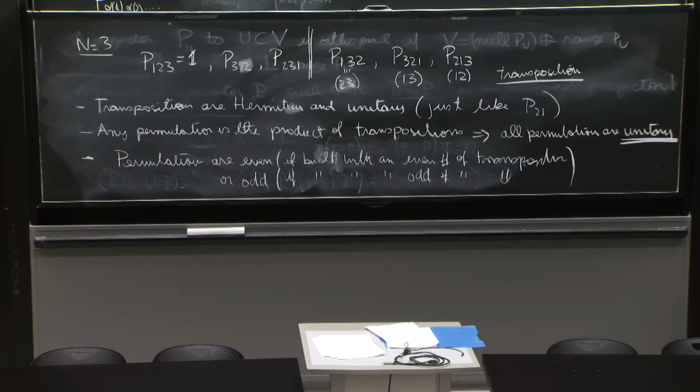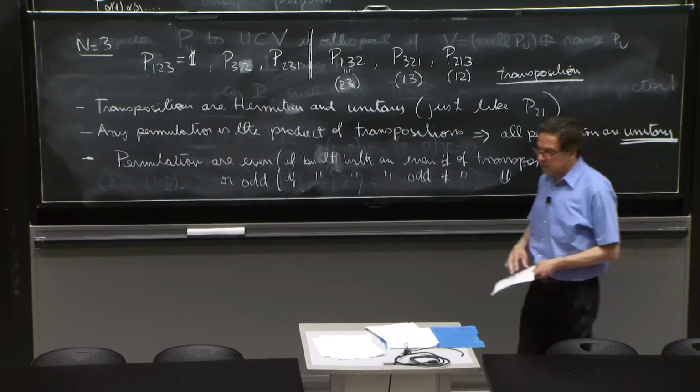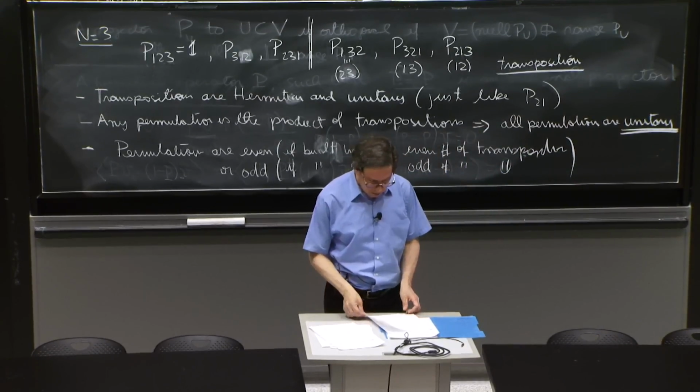So 2 kinds of permutations, even permutations or odd permutations.